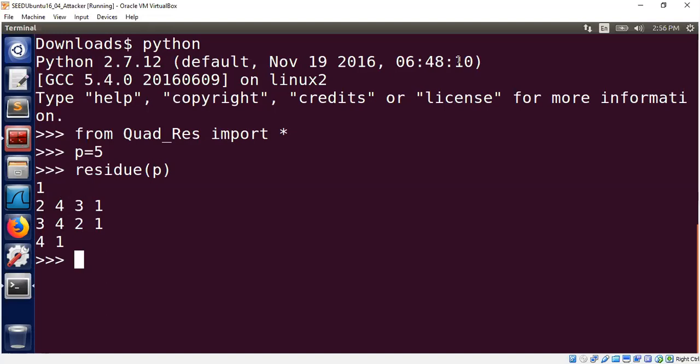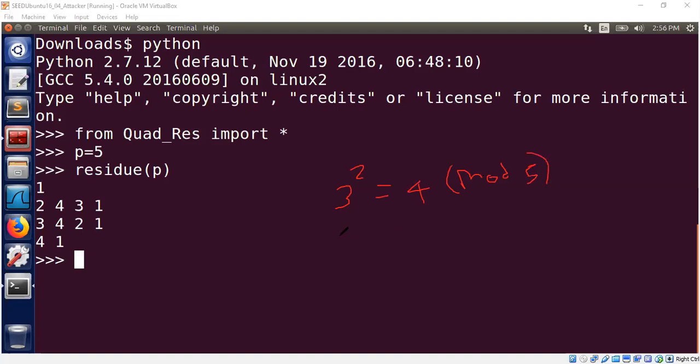That is one of the important things to remember. 4 is nothing but 2 square. And 4 has another root also. 3 square is the same as 4 in mod p, because 3 square is 9, and 9 mod 5 is 4. So we get to know that 4 has 2 roots. What are the roots of 4?